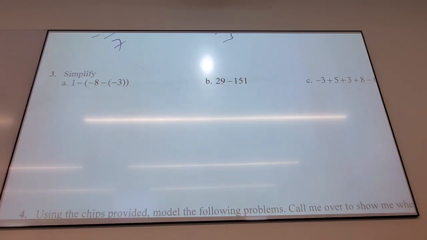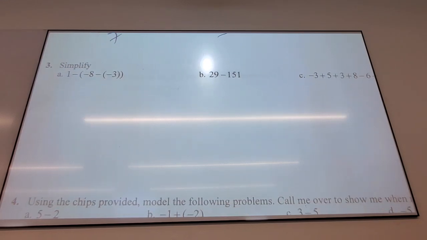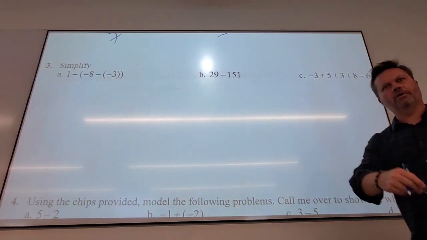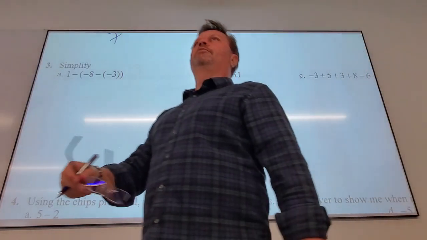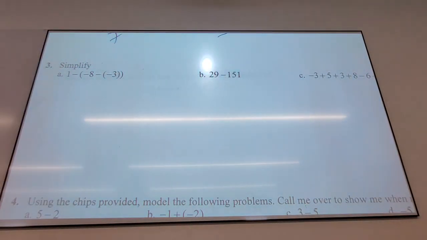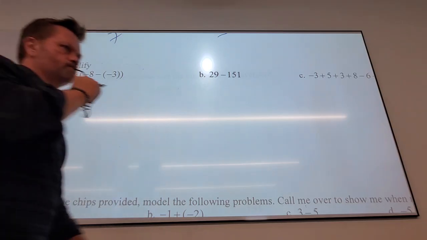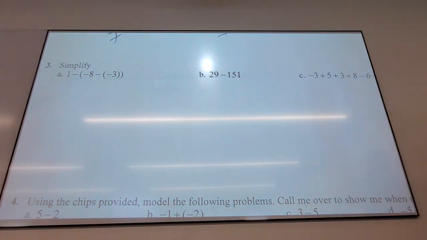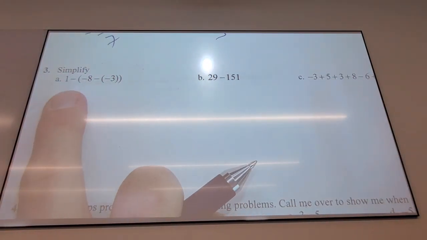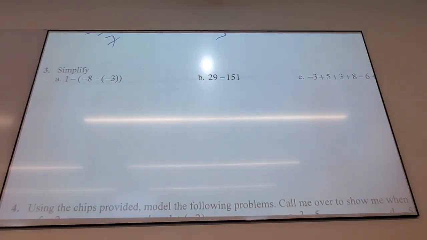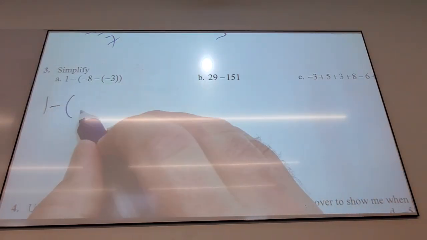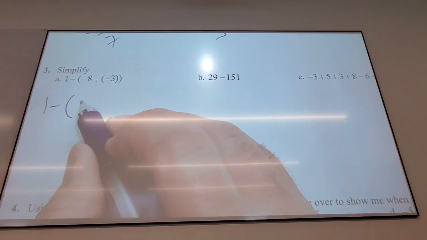And then 3A, B, C are really just, do you remember how negatives go with PEMDAS? What do you have to do first in 3A? Parentheses. Now, this kind of problem, I'm asking you to use everything you already know. So you already know what minus and negative is.